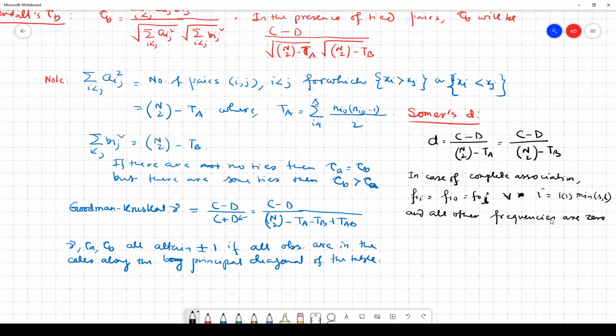That is, all observations lie on the principal diagonal of the table.